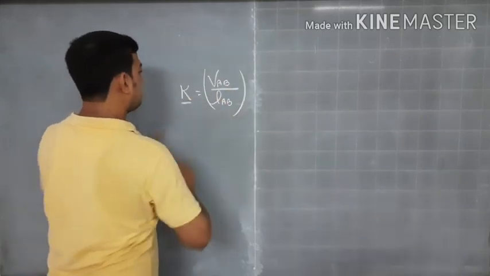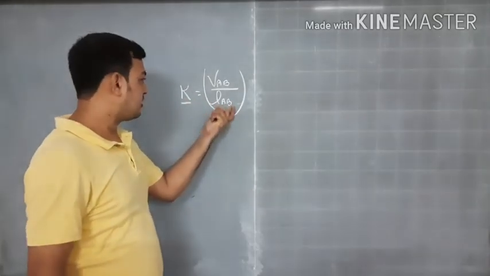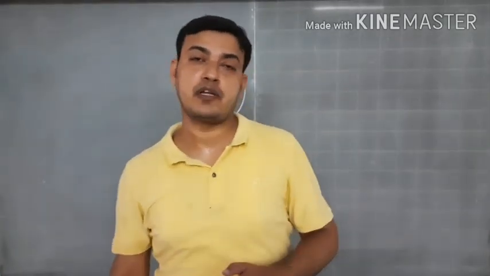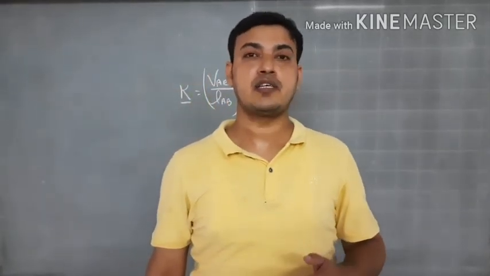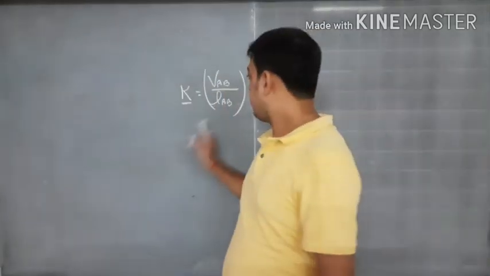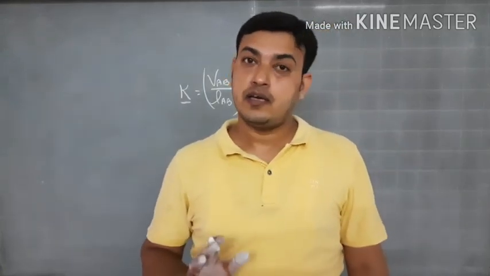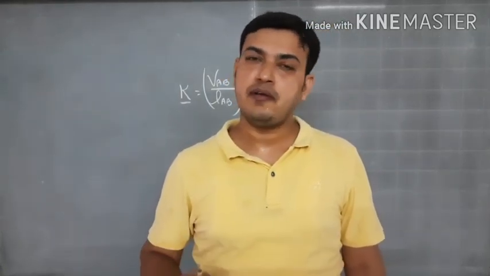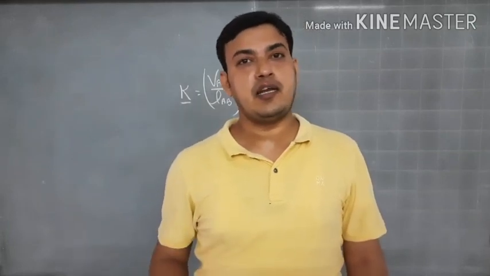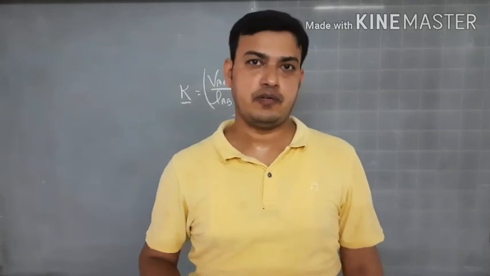So to minimize K, we can increase L. If you increase the length of the wire, K will be small, the sensitivity will increase, and that is why we take a very long wire in the potentiometer. In the laboratory, almost 10 meter wire is used.